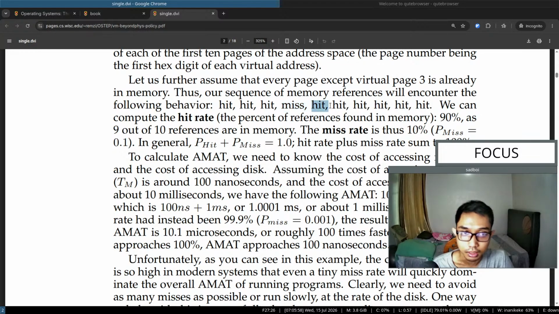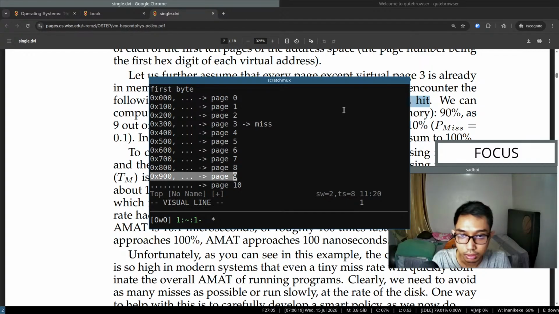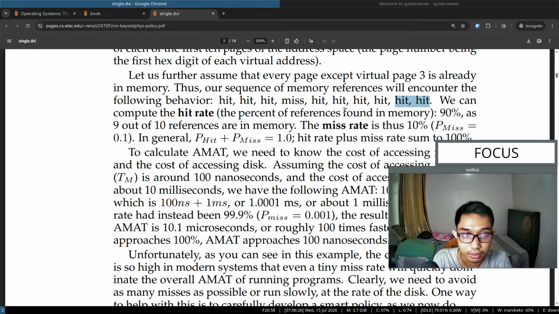Miss, and then hit again until the 10th page, I guess. Let me check. 0, 1, 2, 3, 4, 5, 6, 7, 8, 9. Okay, right. So until this one, because that is the only information we have currently.